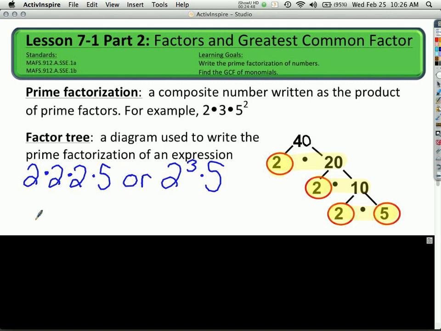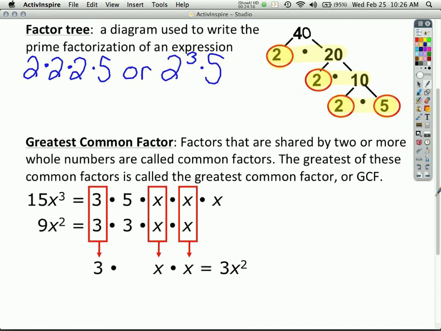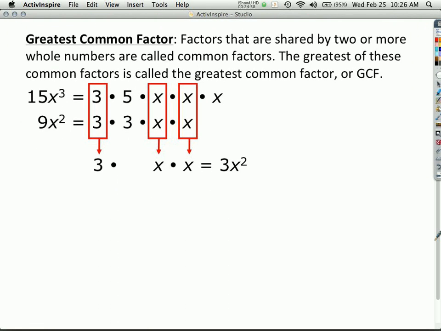Which brings us to our ultimate goal. And again, if you're copying every word, if you're copying even more than half the words, then you're making a mistake. Here's our ultimate goal: it is to be able to find the greatest common factor. We're going to take all of the skills from yesterday and the skills we're going to build today to apply to this, because this is the critical idea moving forward.